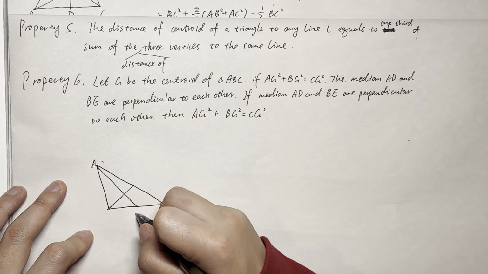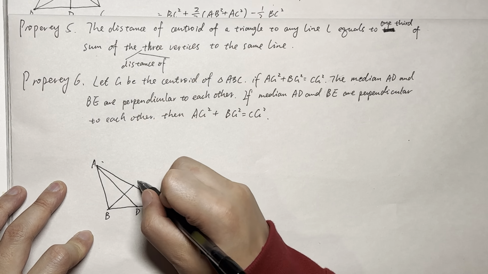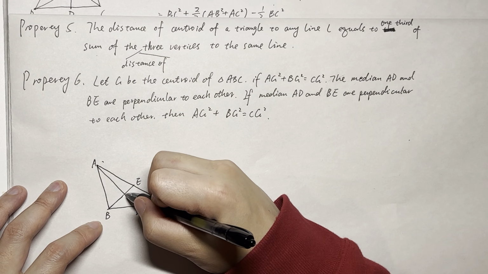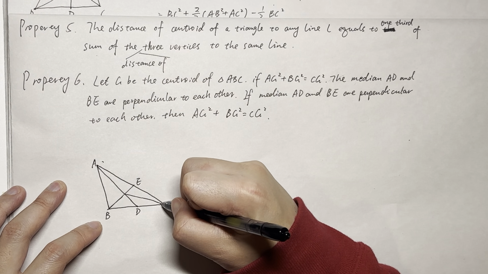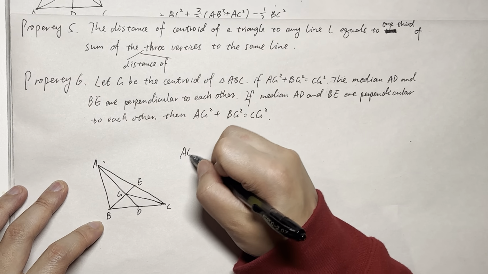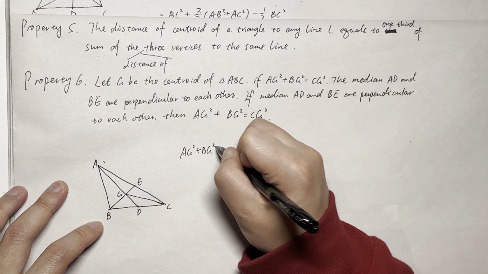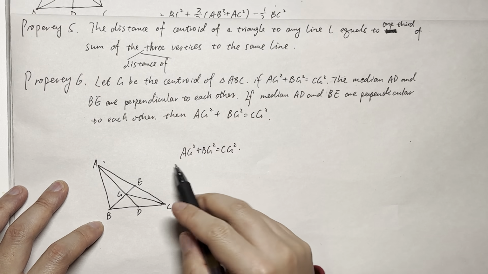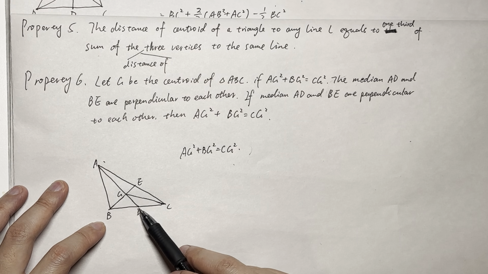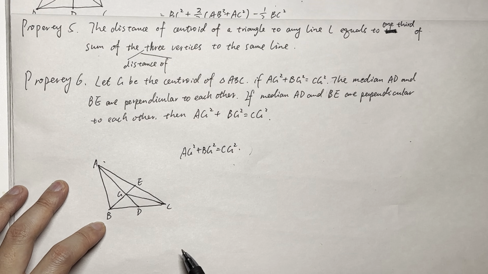So you can see A, D, B, E, C, and this is G. We know that AG squared plus BG squared equals CG squared, and we want to prove that AD is perpendicular to BE.